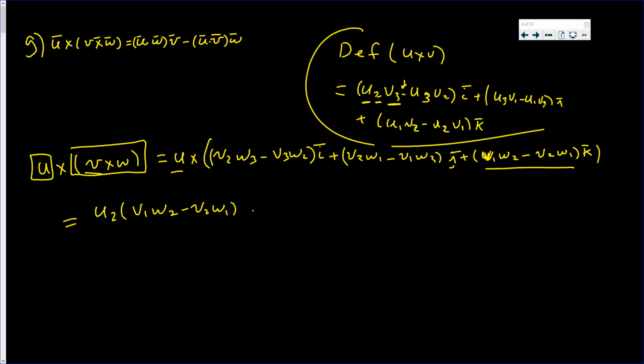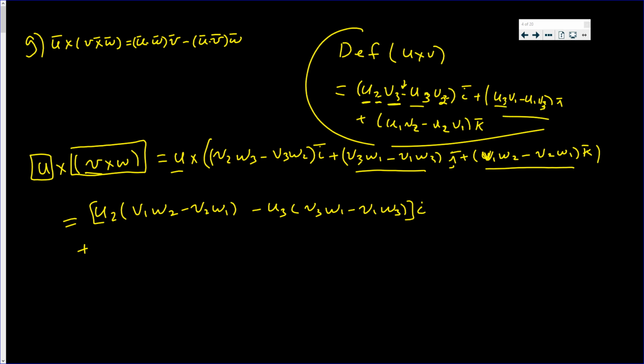minus U3, first vector third component, times the second vector second component. That's the second component. So it's V3W1 minus V1W3. And that's the i component. Let us add on the j component.